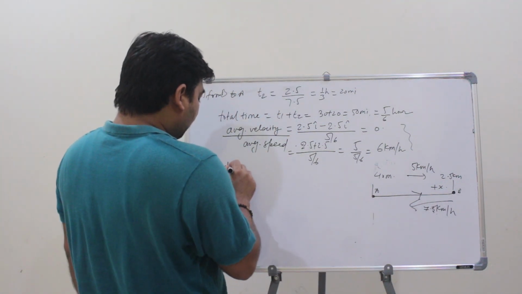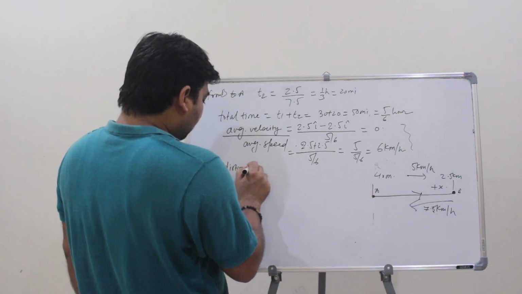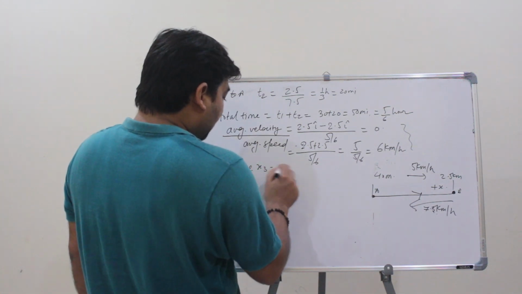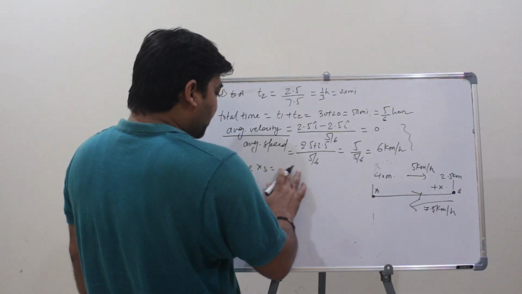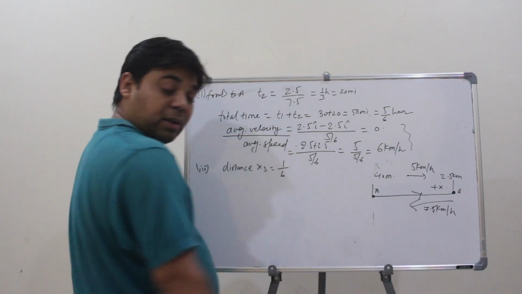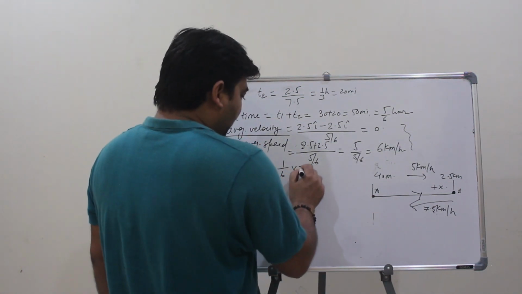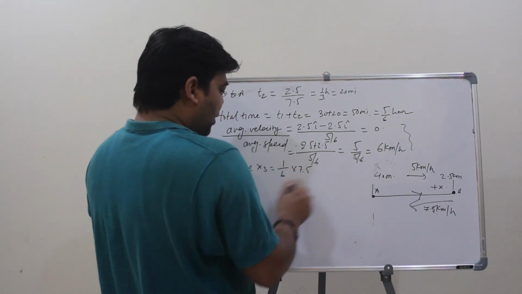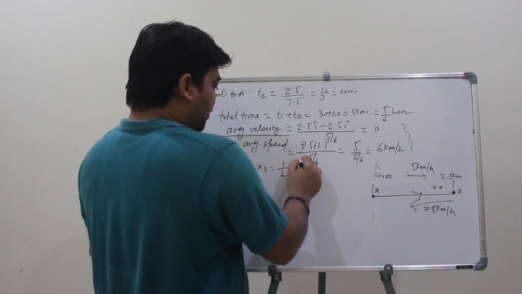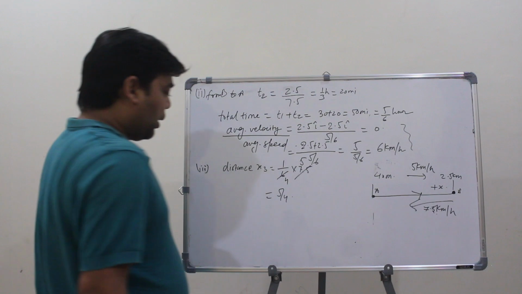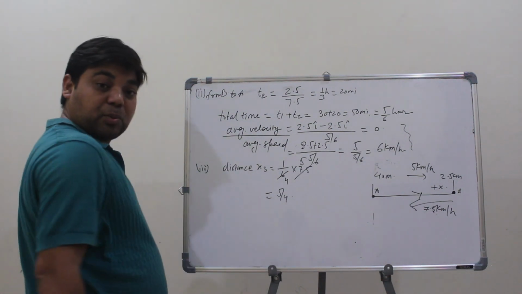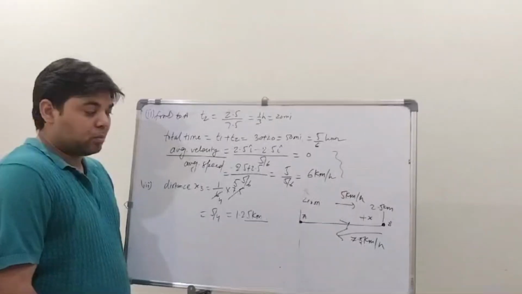So distance, you take as x3, is 10 minutes, which is 1 by 6 hour, right? Multiplied by 7.5 kilometer per hour. So see, this is 5, this is 4. So 5 by 4, or 1.25.